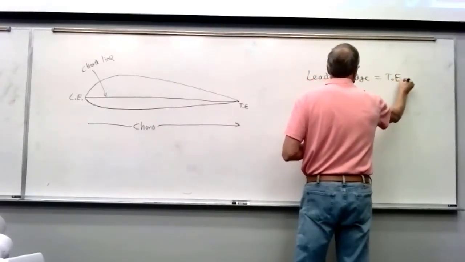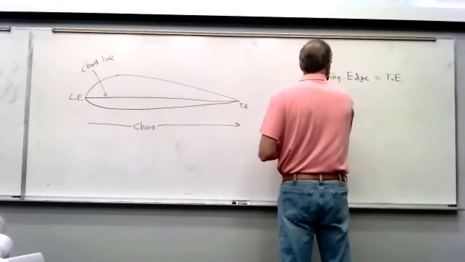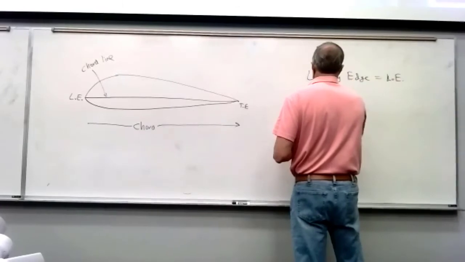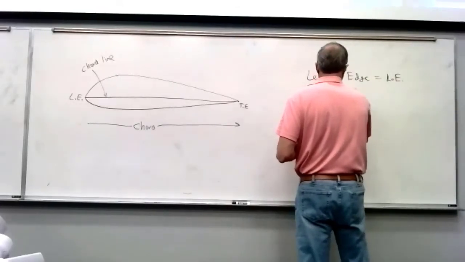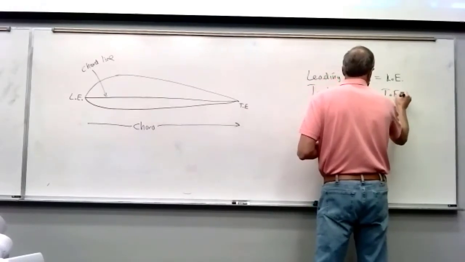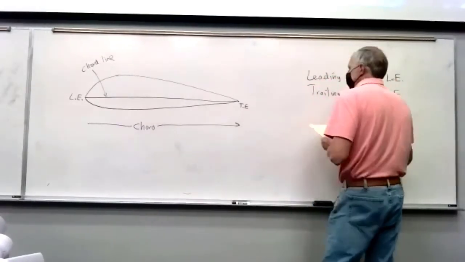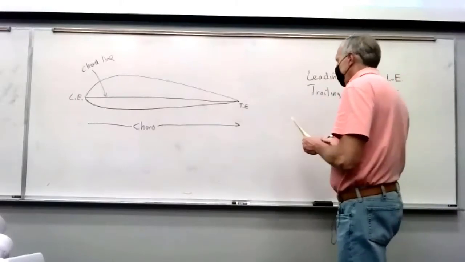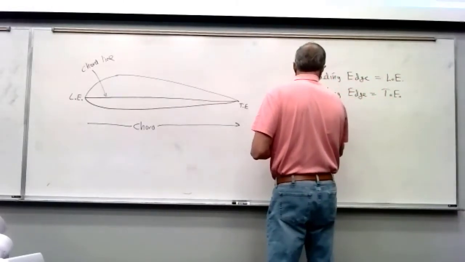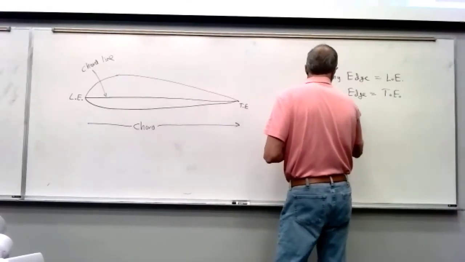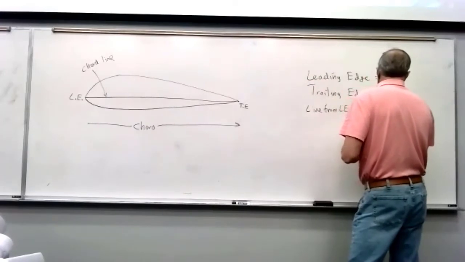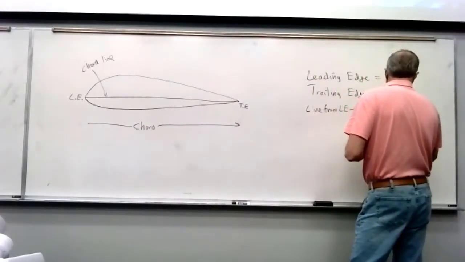So that's what I've labeled as the LE, or the leading edge. And the trailing edge is what I've labeled TE. So LE is leading edge, TE is trailing edge. And then the line from the leading edge to the trailing edge is called the chord line.